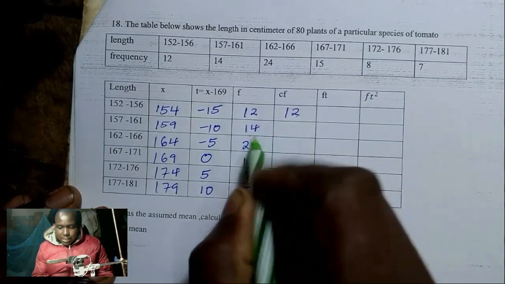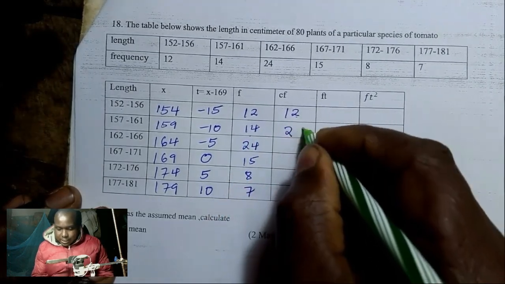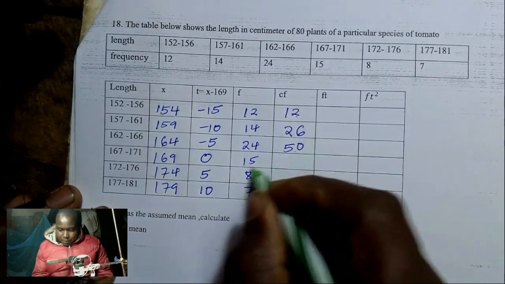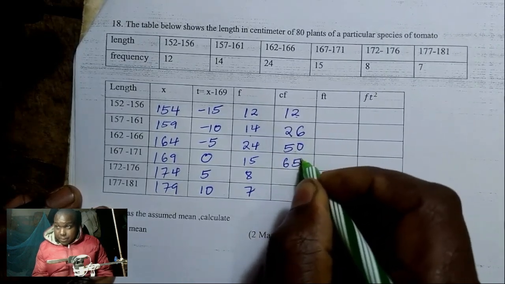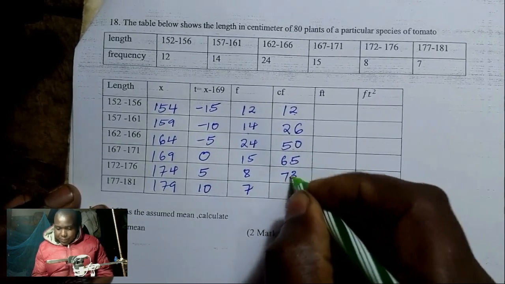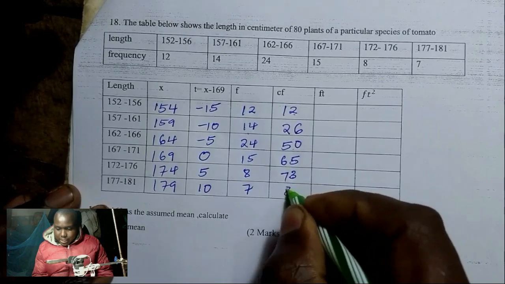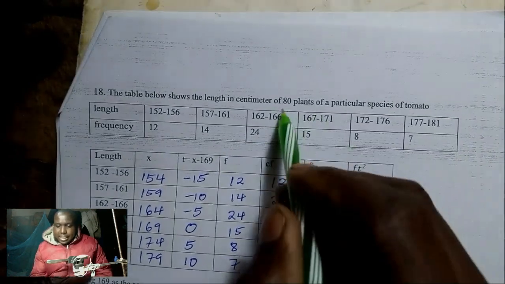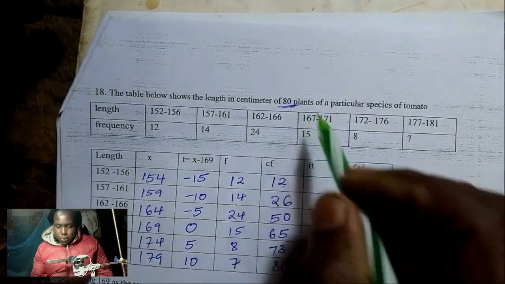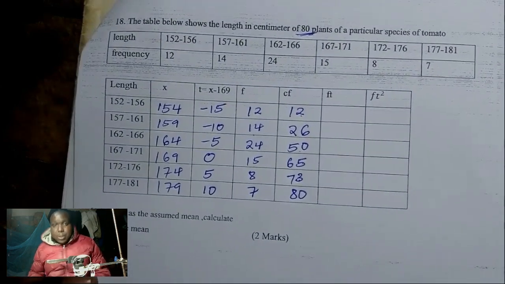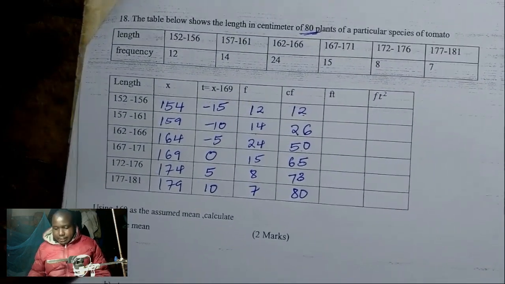So 12 plus 14 is 26. 26 plus 24 is 50. 50 plus 15 is 65. 65 plus 8 is 73. 73 plus 7 is 80. So the total cumulative frequency should be the same as the total number of plants. Total frequency should be the same. Be sure of that.